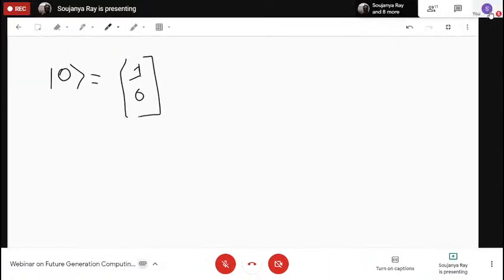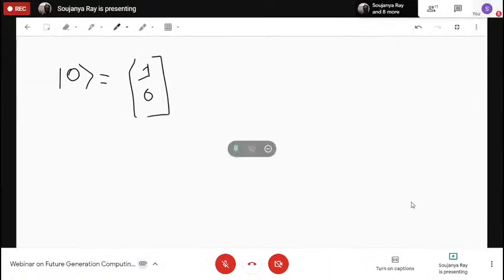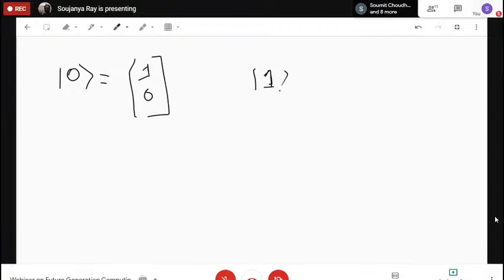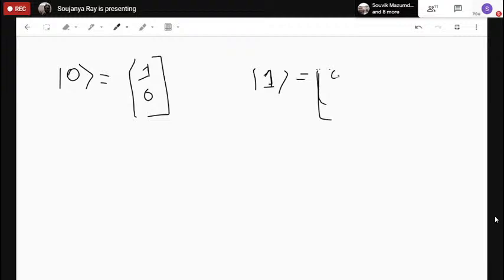Cool. And the qubit 1 is represented in vectorial form as, okay, so I'll write it here as 0 and 1. So this is how you represent the qubits in the vectorial representation.